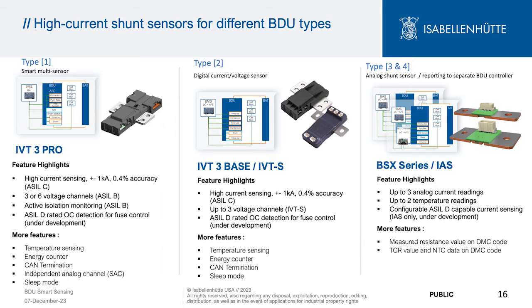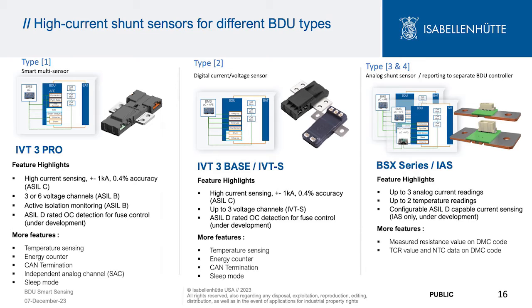The IVT3 Pro module was fully developed according to the ISO 26262 functional safety standard, and as a feature highlight, it has a high current sensing channel that has a plus minus 1000 amp range and 0.4% accuracy, and it is ASIL-C rated.